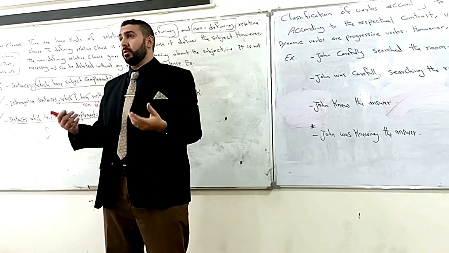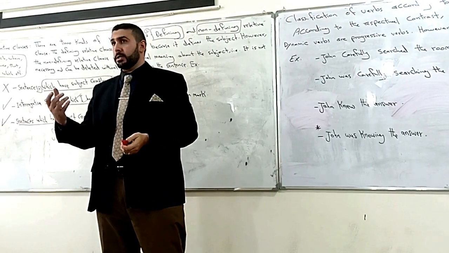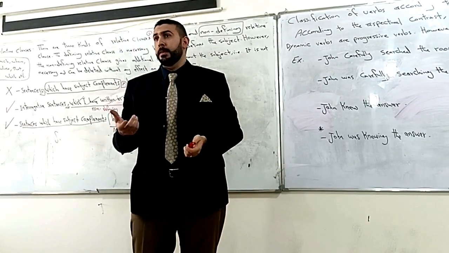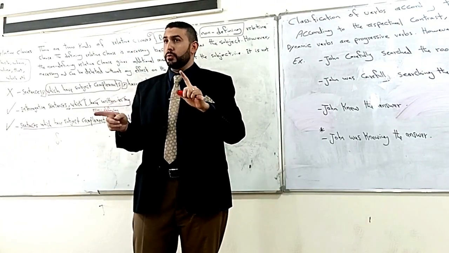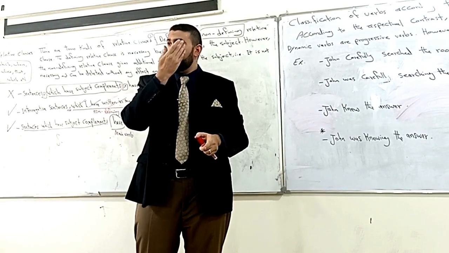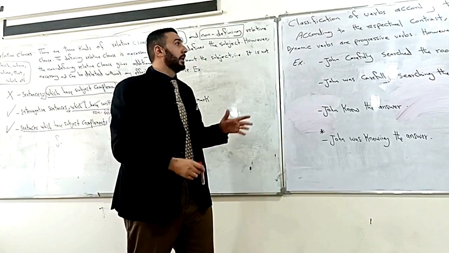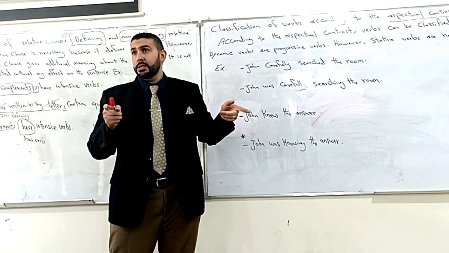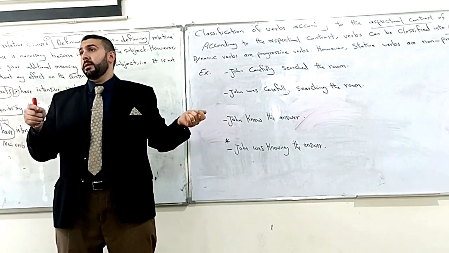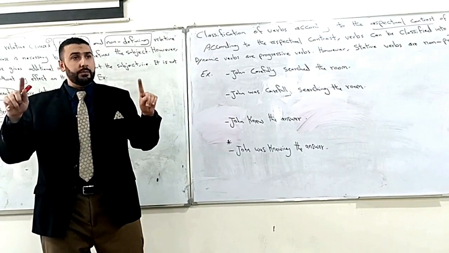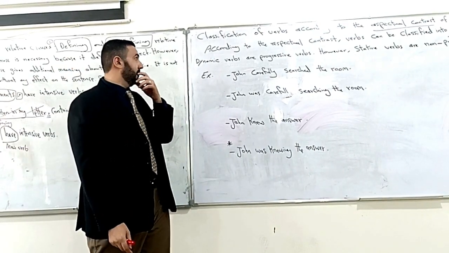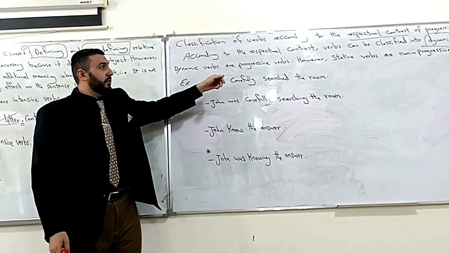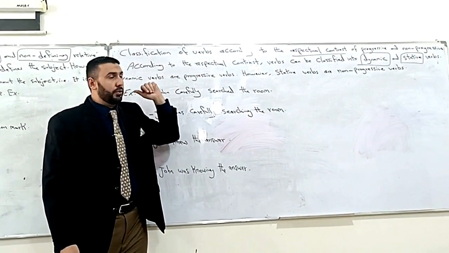If I ask you to classify verbs according to the aspectual contrast, you have to tell me that there are two kinds of verbs: dynamic, between two brackets, progressive, and stative verbs, between two brackets, non-progressive. Okay? Dynamic verbs are progressive verbs, however, stative verbs are non-progressive verbs.